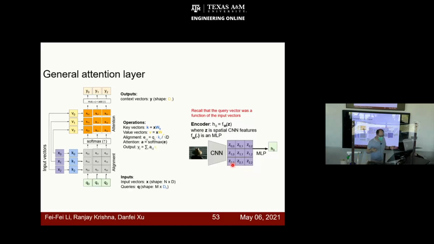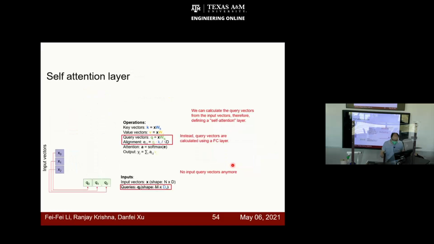So now think about a self-attention. That's like the attention within the encoder or decoder. For instance, in the decoder or in the encoder, right? So now let's talk about the self-attention.